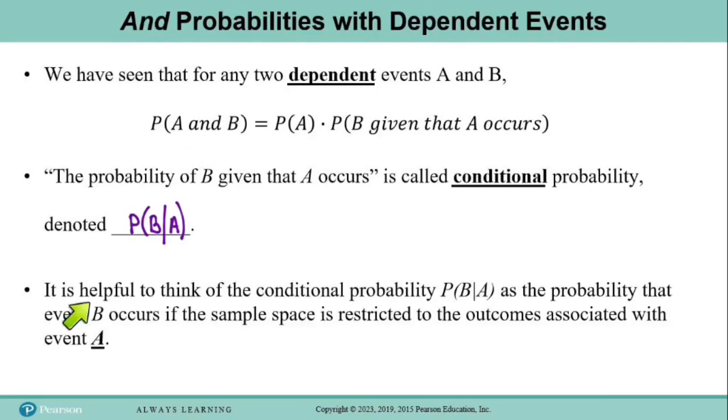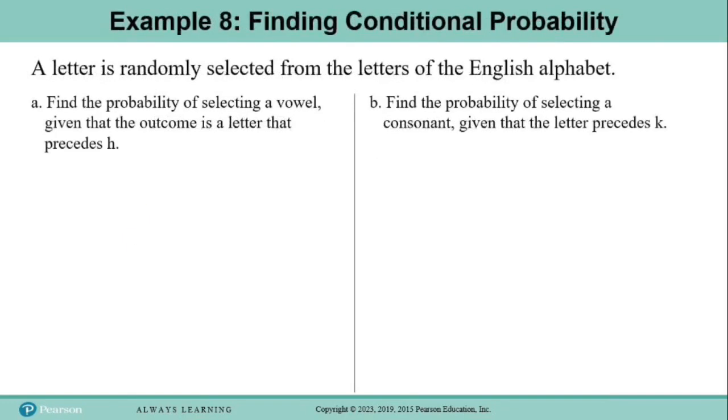But actually, instead of doing that, we'll think of the conditional probability, the probability of B given that A has occurred, as the probability that event B occurs if the sample space is restricted to the outcomes associated with event A. So whatever would happen to the sample space, assuming that A has already occurred, that's the sample space we will use to find the probability of event B. It is much easier than it probably sounded on the last slide.